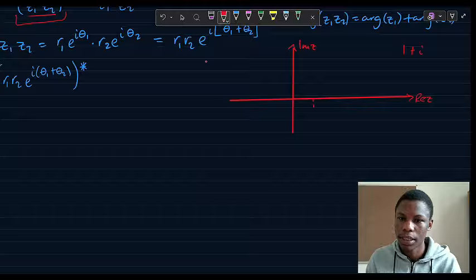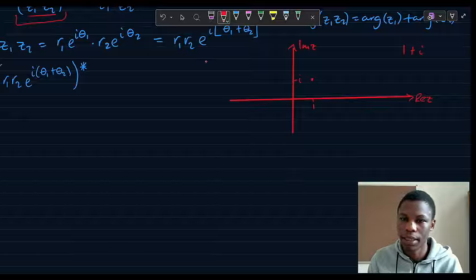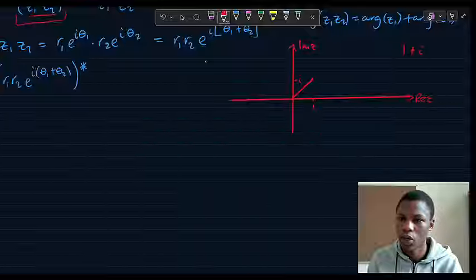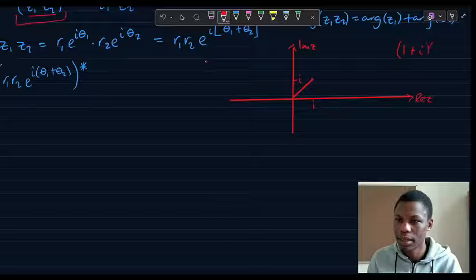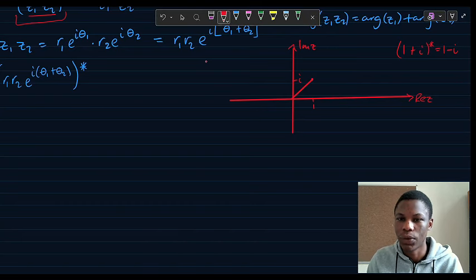That's 1 unit in the real axis and 1 unit in the imaginary axis. 1 plus i would be somewhere there, right? The conjugate of this would be 1 minus i. So it's just a reflection in the real axis, right? So the conjugate would end up being 1 minus i, which is this point over here.